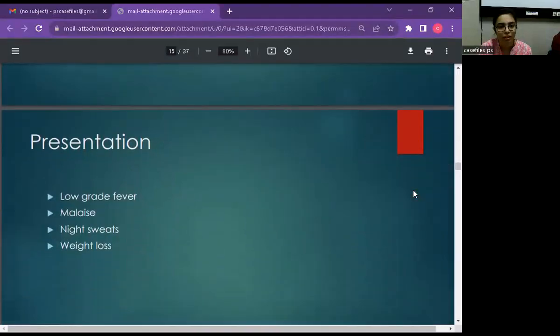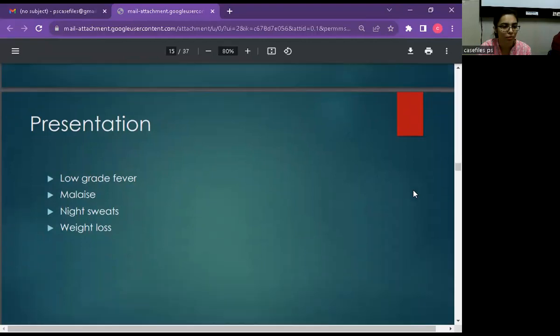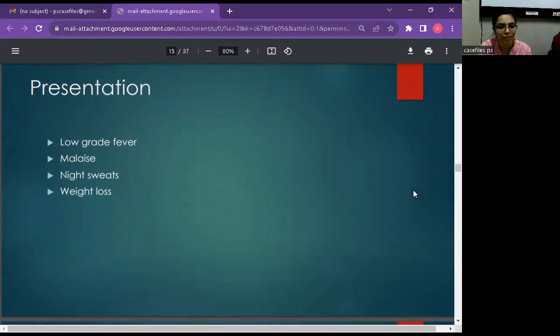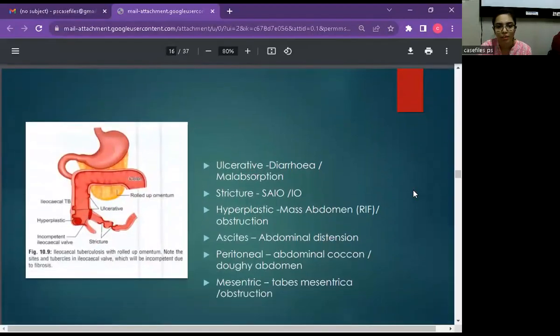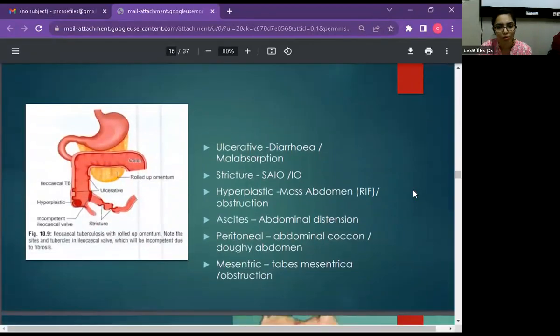Clinical features of tuberculosis are the basic constitutional symptoms: low-grade fever, malaise, night sweats, and weight loss. Particularly in abdominal TB, it presents according to the type of TB. Like in ulcerative, the patient presents with diarrhea or malabsorption. In stricture type, it can present as obstruction, subacute or acute.